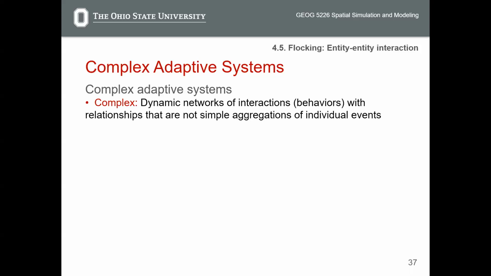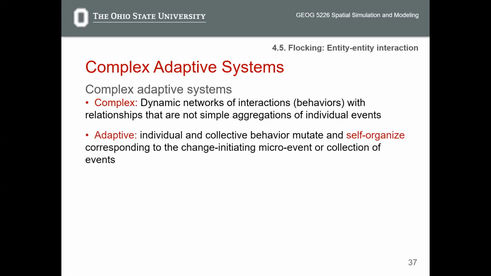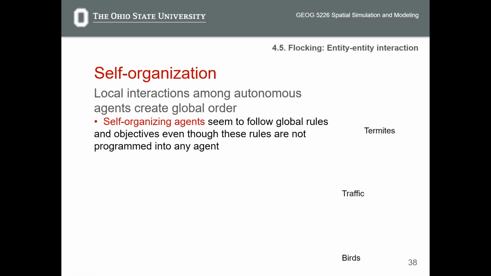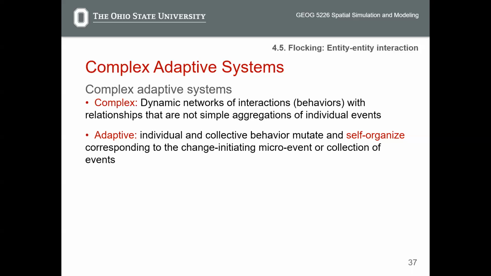Okay, we call this a complex system, and also adaptive: individual and collective behavior. Collective behavior equals emergent behavior or emergence. They mutate and self-organize corresponding to the change-initiating micro event or collection of events. So self-organizing equals adaptive, which means that each individual is following a set of rules.